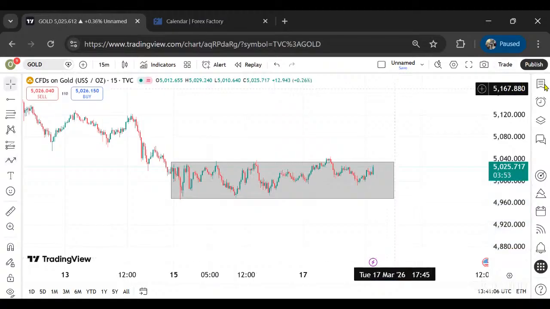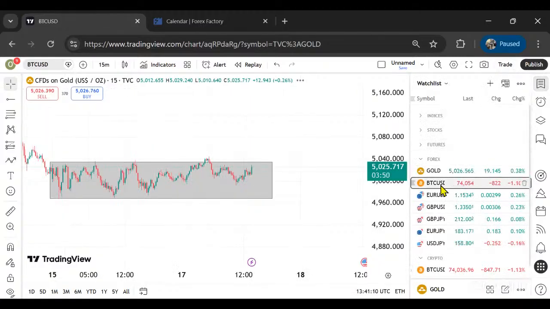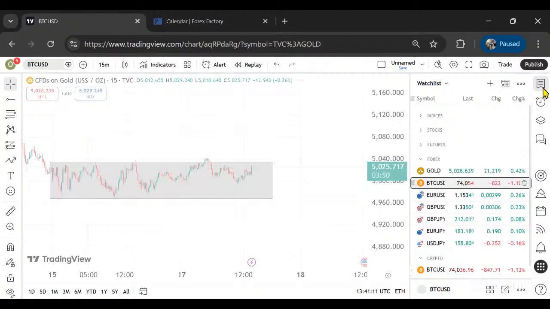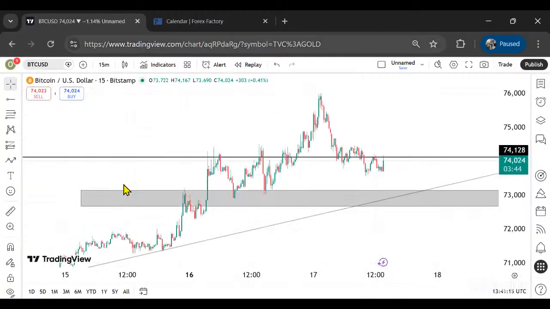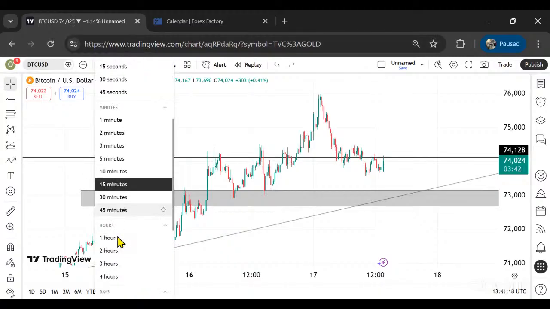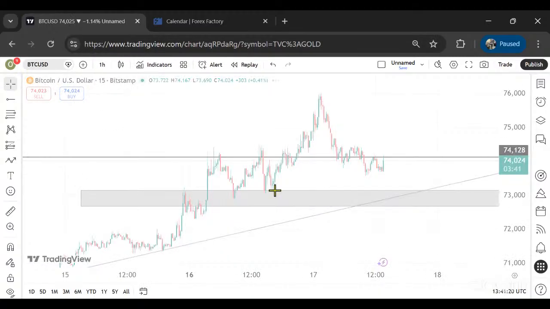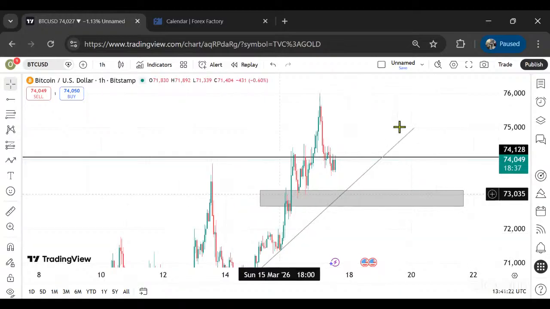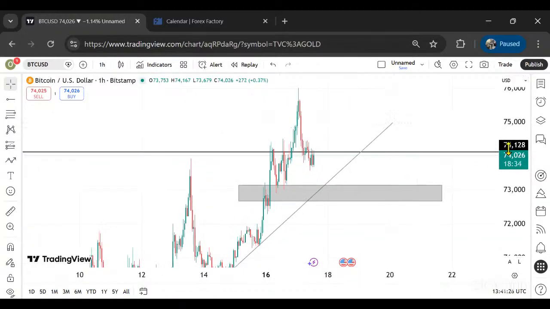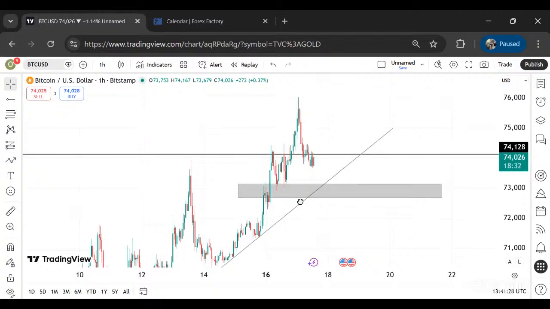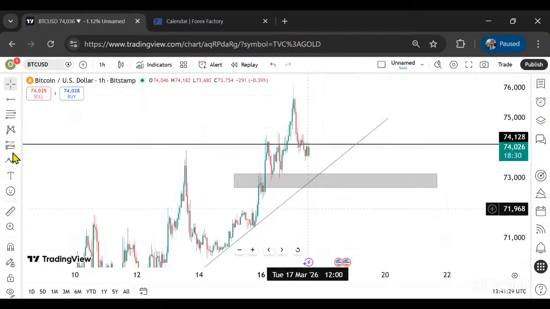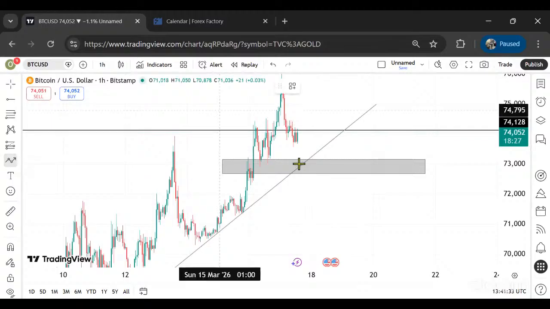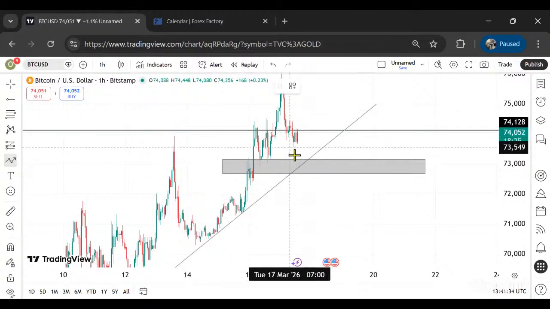Let's go to BTC. I think BTC is going to be our last pair to analyze. I don't really see BTC. I can't take a trade from BTC now. As you can see, I drew this area out. I'm expecting the chart to come back to this area.